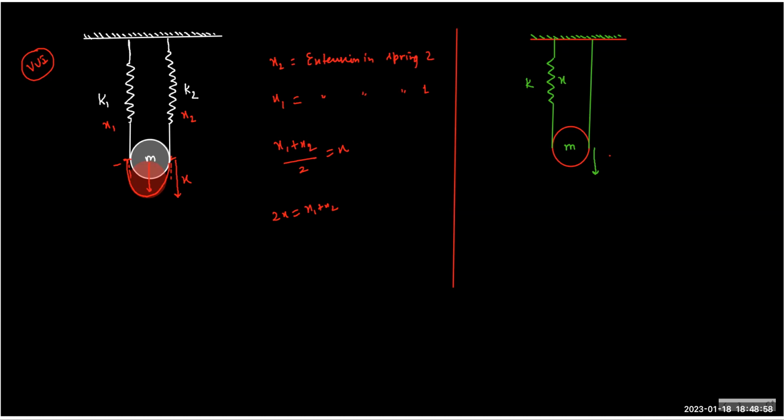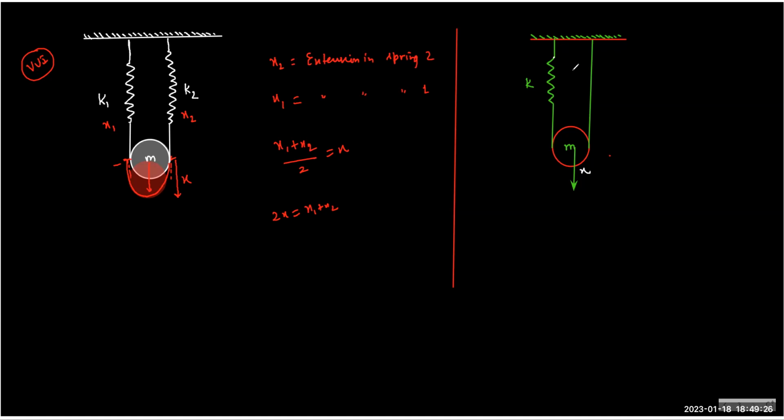Or think this way: if the pulley goes down by x value, how much will the spring elongate? I have to simply move the pulley down by x.